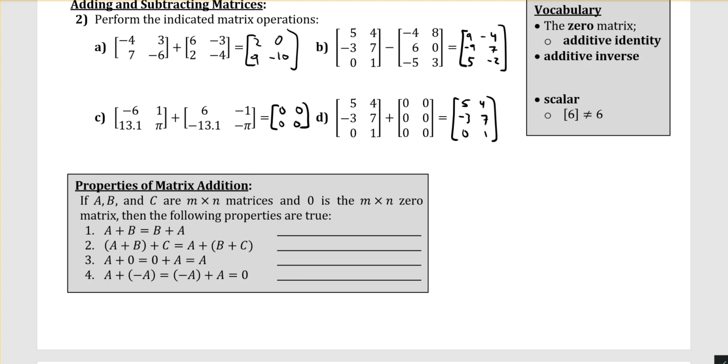But associative, that's commutative there. Associative. This is the additive identity. And this is the additive inverse.